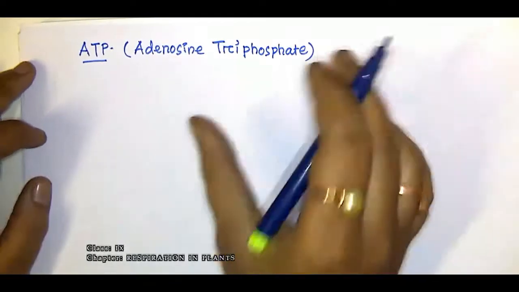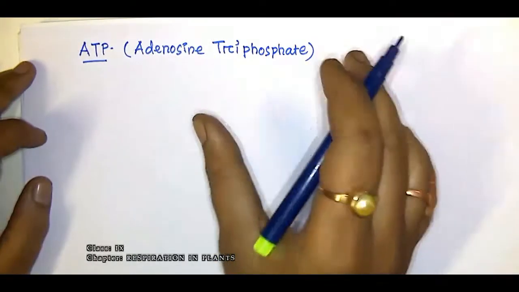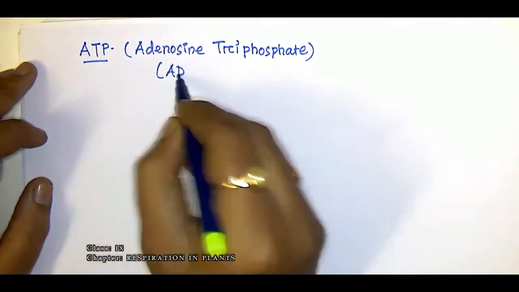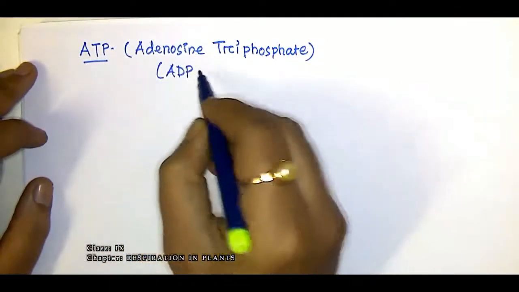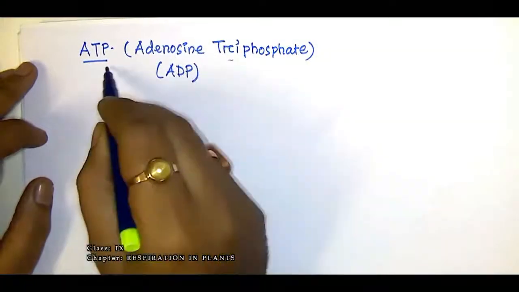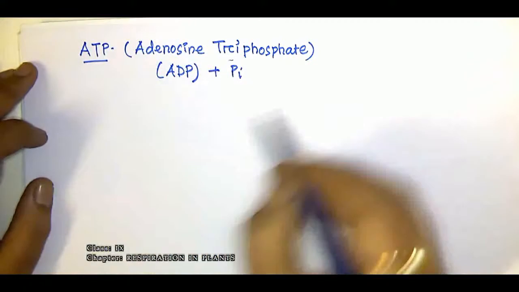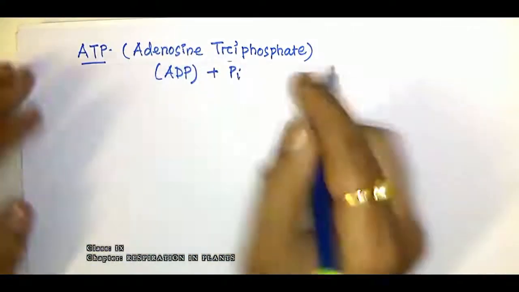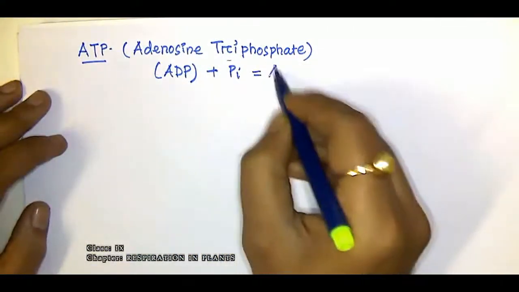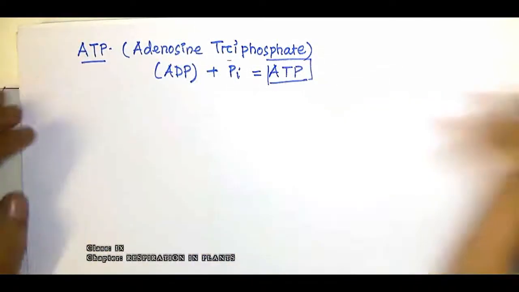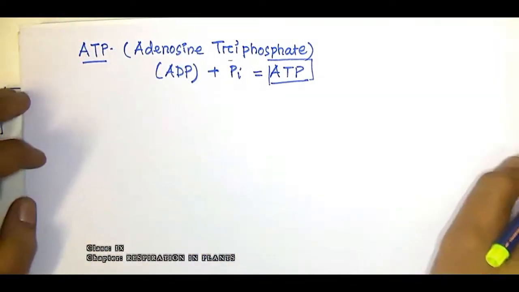Now, this ATP is basically produced from raw materials called ADP, which is diphosphate, this is triphosphate, and phosphate ions. Once they get added, they will form a high energy phosphate compound that will be called ATP.